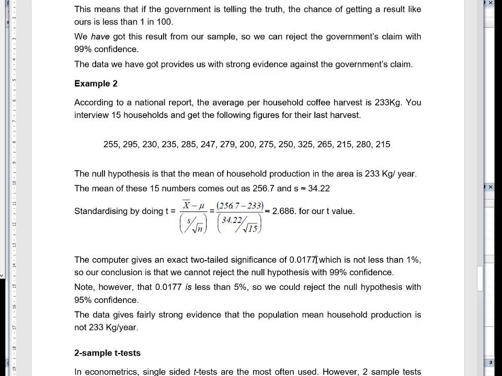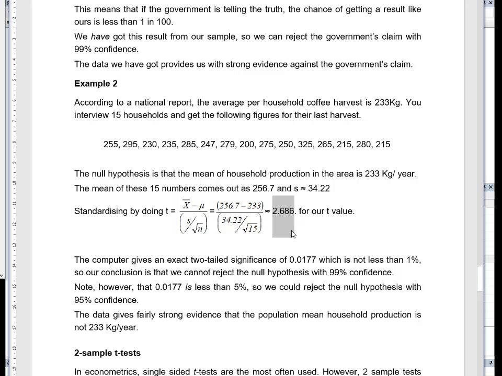What you do here is you find the chance of getting a t-value as big as 2.686 or lower than negative 2.686. So we consider both those probabilities, more than 2.686 or less than negative 2.686.